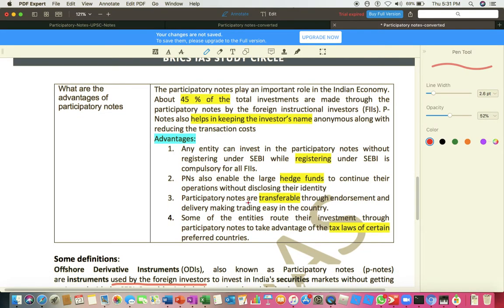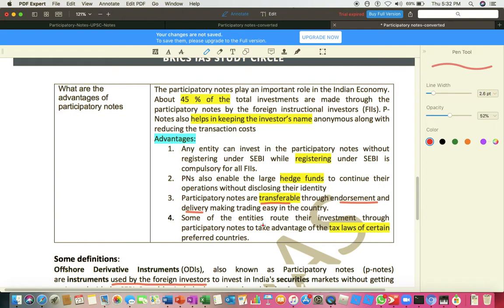Then participatory notes are transferable through endorsement. If you have a contract with some FIIs wherein you have decided to buy some shares, you can sell that contract because it acts like a derivative. Through endorsement means you can just sign it and transfer it to others, or by delivery, if it is a bearer one, by mere delivery also you can sell.